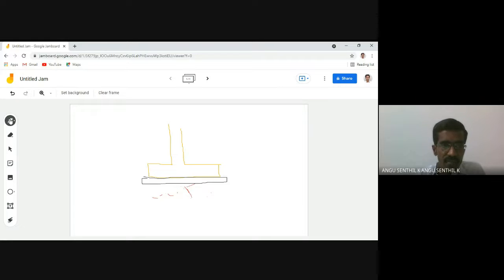This isolated footing, if you consider the plan, will have reinforcement in both directions, that is x and y direction. So this is about isolated footing.